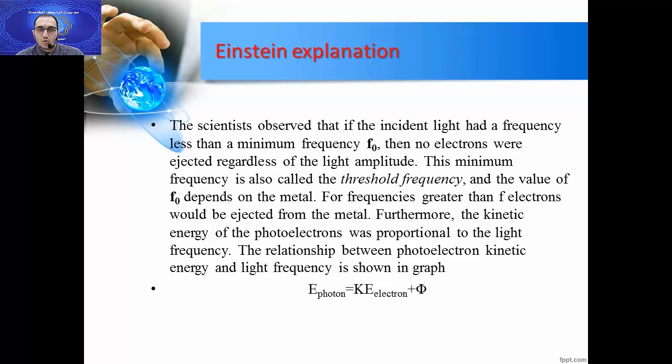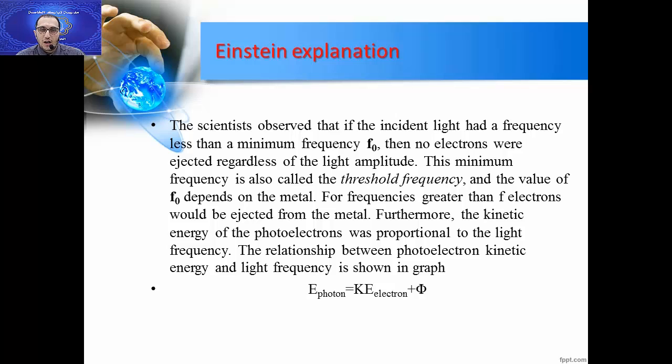So Einstein said, if the frequency of the incident light is less than the minimum frequency, or threshold frequency, 100% no ejection of electrons. But if f0 equals the frequency of the incident light, electrons eject directly.